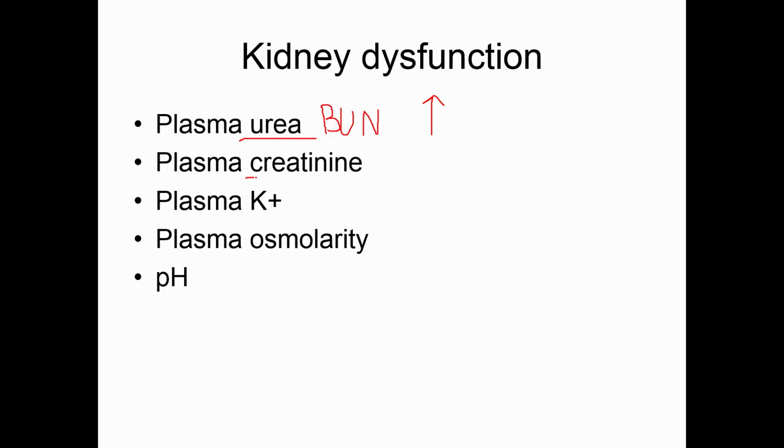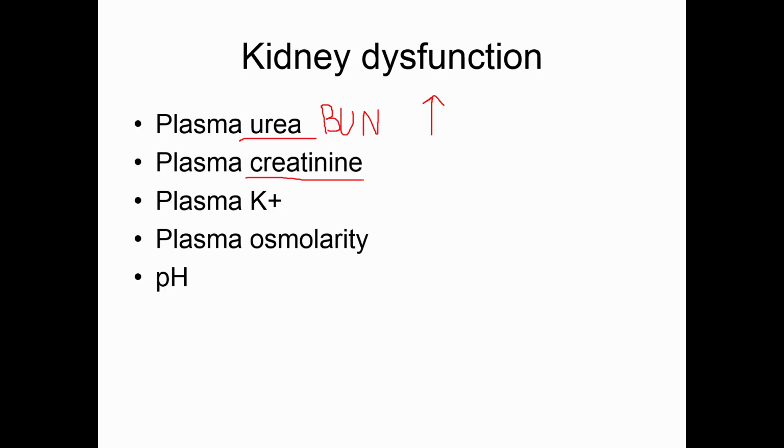Plasma creatinine. So I want to call your attention to the idea that plasma creatinine is a byproduct of muscle metabolism, and a lot of times we're assuming plasma creatinine is fairly constant.